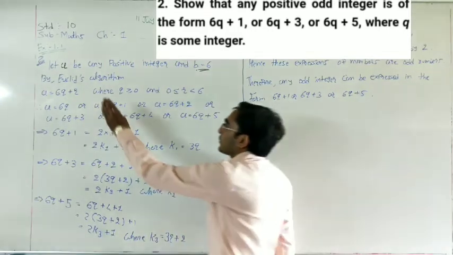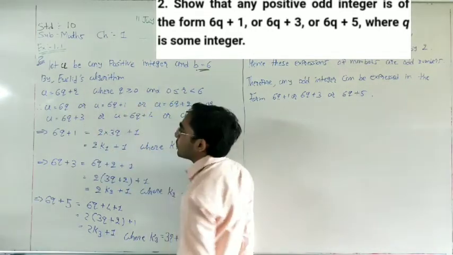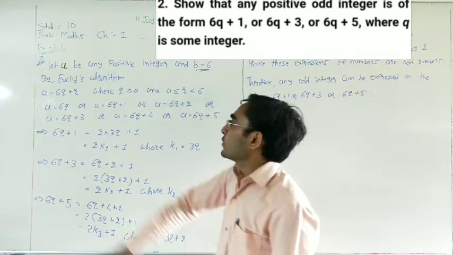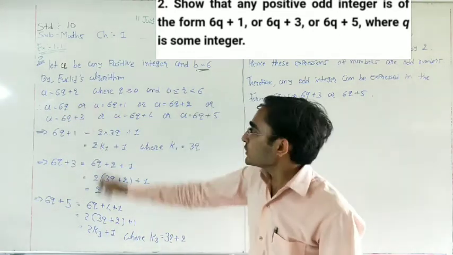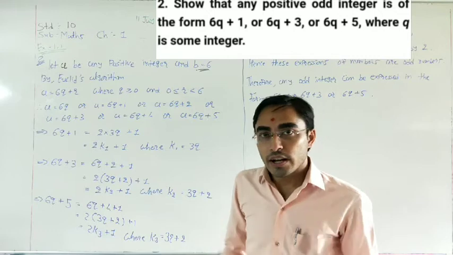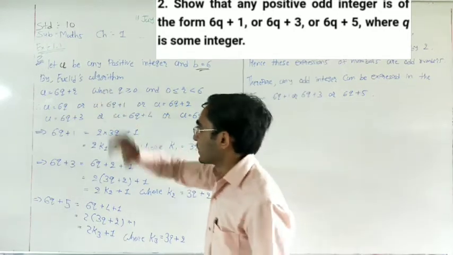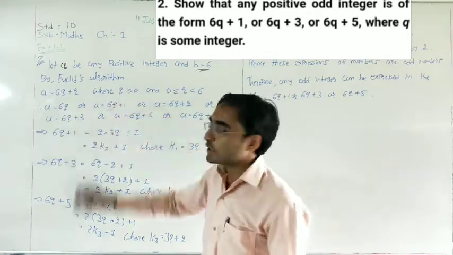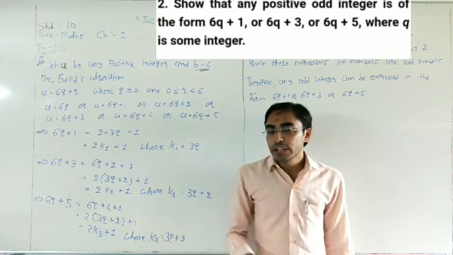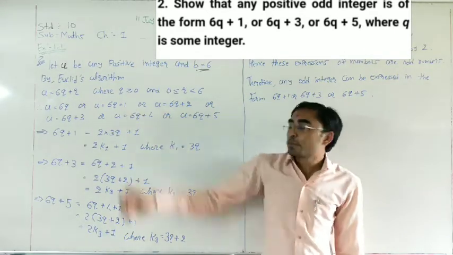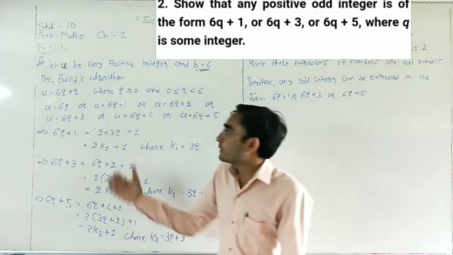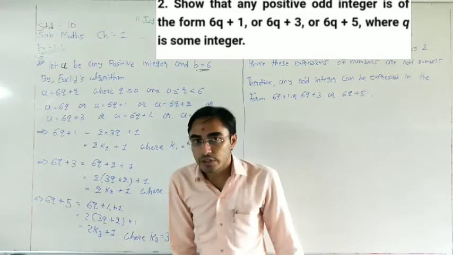Okay, by Euclid's division algorithm, put the value of b here. So a is equal to 6q plus r, where q is greater than or equal to 0. Because in the division we need to put q; we divide a, and q is our quotient, right?